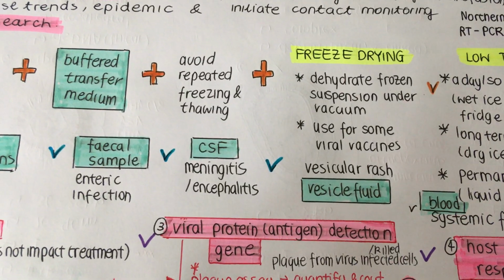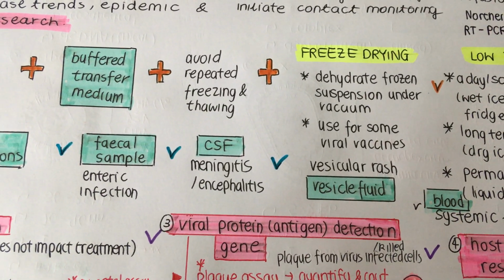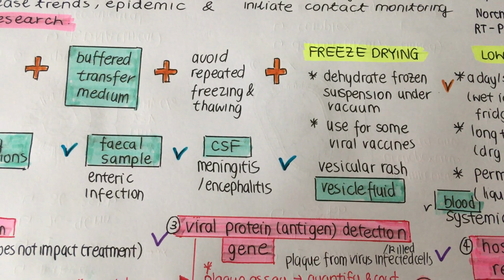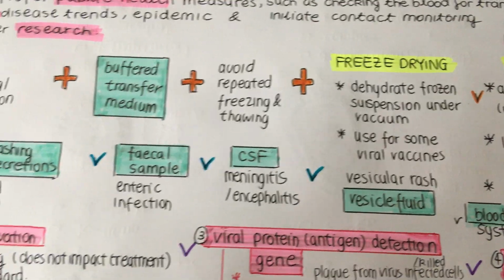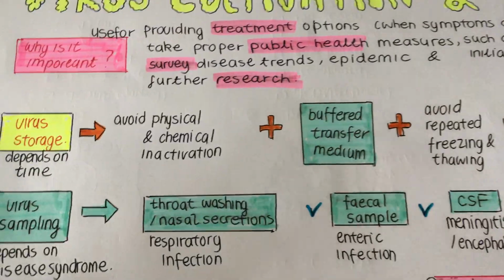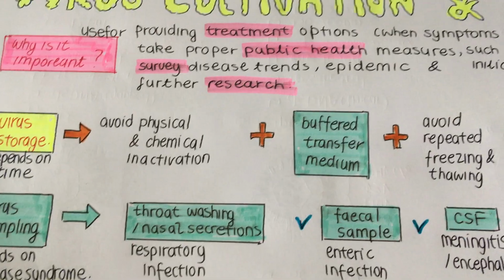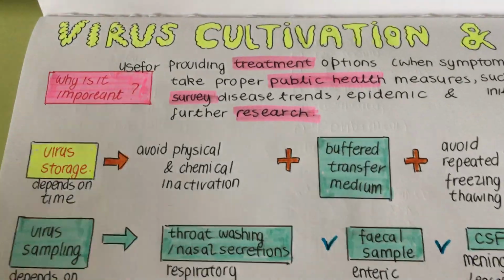For some viral vaccines, you're looking at freeze drying. So you can use the frozen sample and then dehydrate it using a vacuum. It is very important during this process that you avoid physical or chemical inactivation.